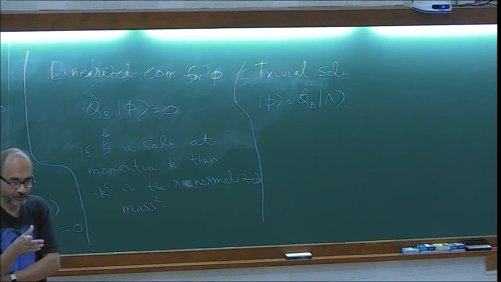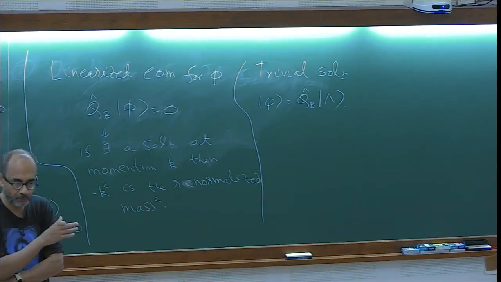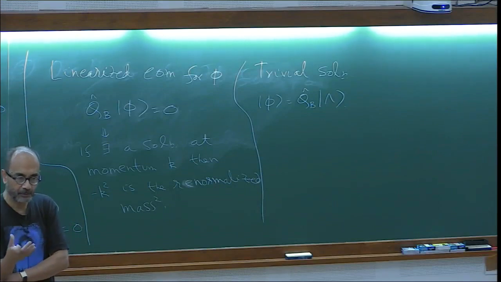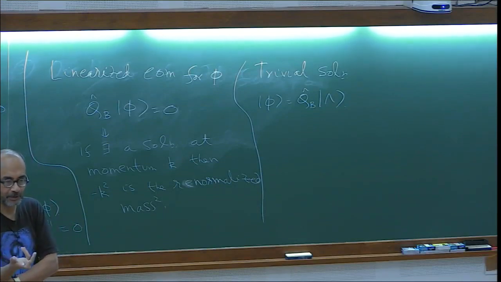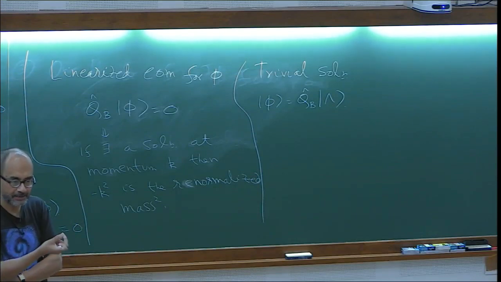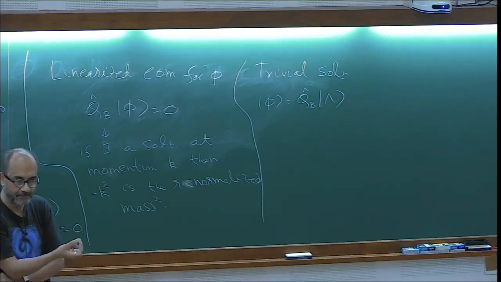At each stage you solve by comparing coefficients of G string squared on both sides. If you proceed that way, you will never see these spurious solutions, because from the beginning you are demanding that m squared starts at the tree level value plus corrections.